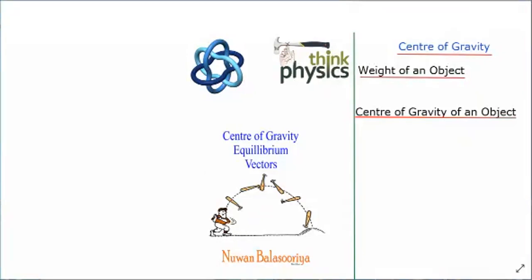There is a certain point at each object through which the gravitation attraction force, within brackets the weight, goes through, full stop.